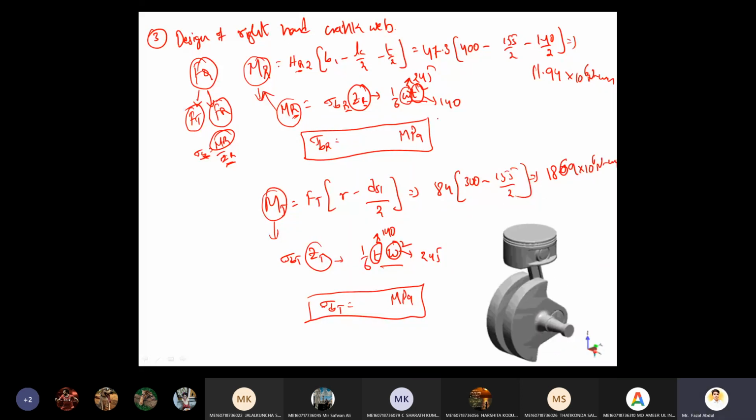Now tell me sigma b in the radial direction and sigma b in the tangential direction.